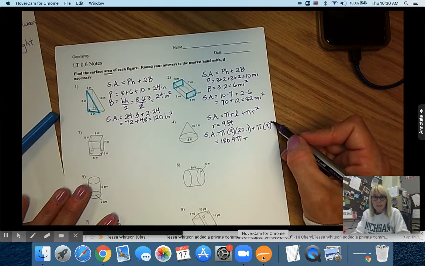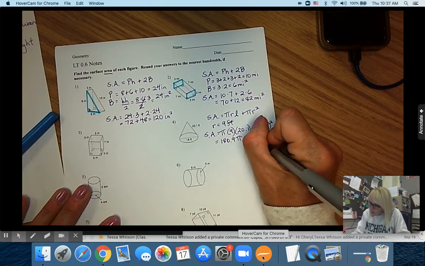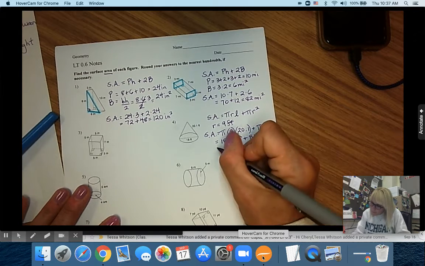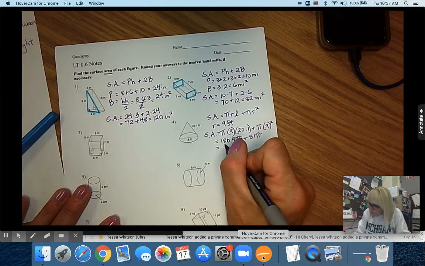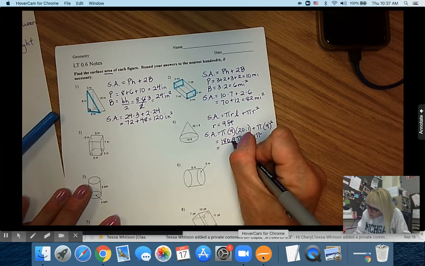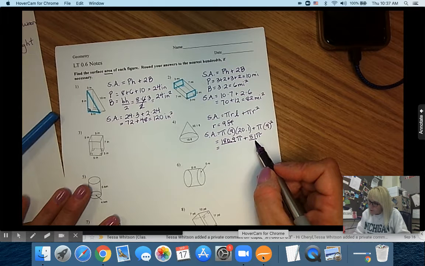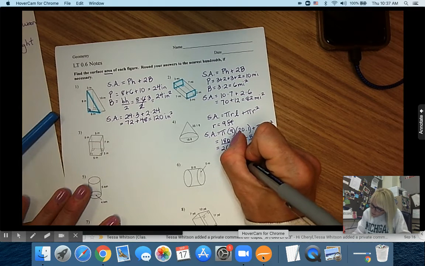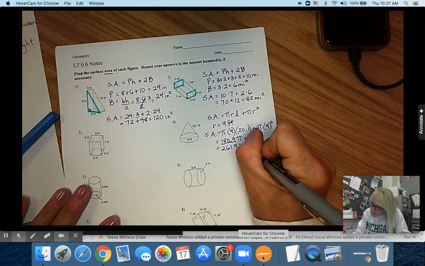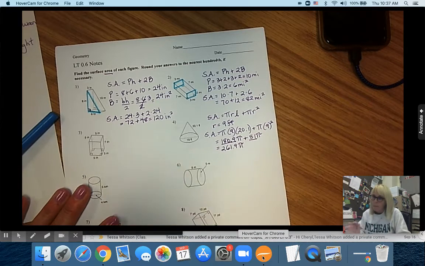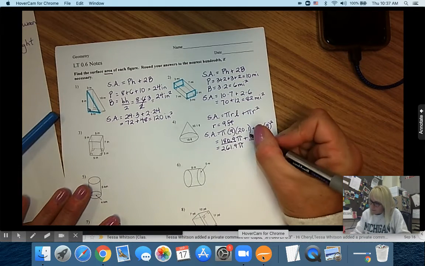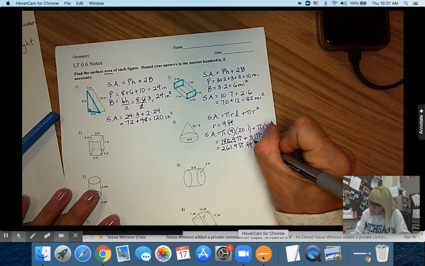Well, it's not 18, I can tell you that. It's 81 pi. And then we are just going to add these two numbers together, just collecting like terms. So 180.9 plus 81 is 261.9 pi. Don't forget your pi, not pi squared, pi. And the units, square feet.